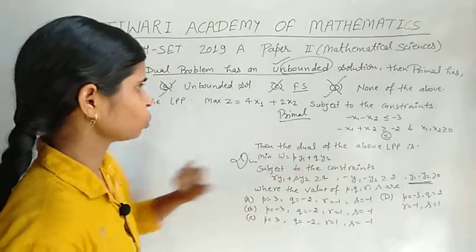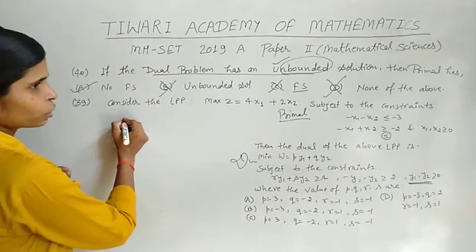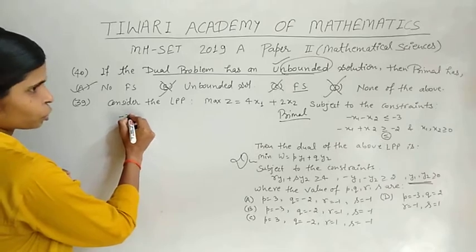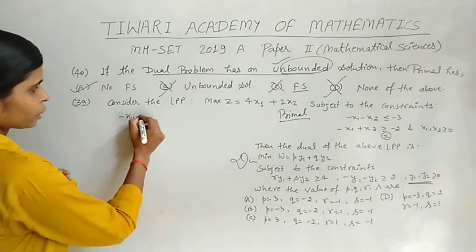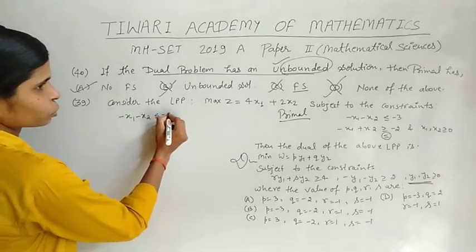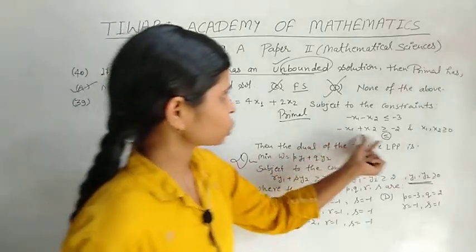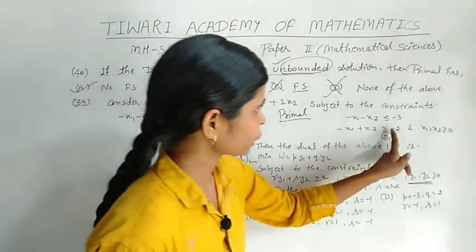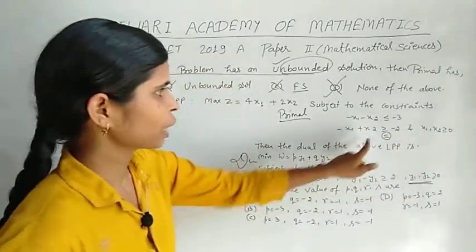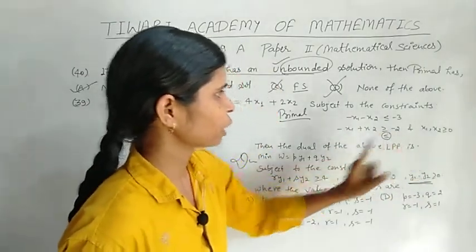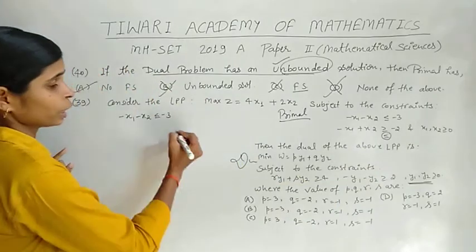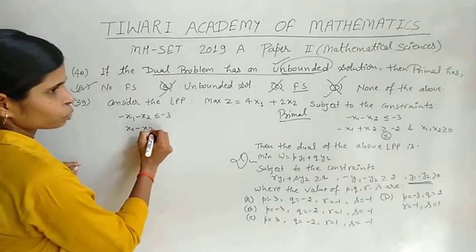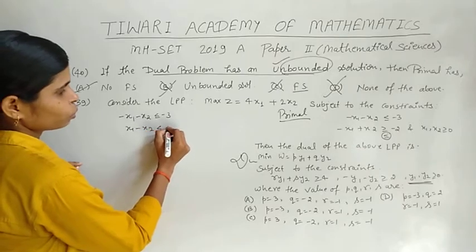So we solve this question. The primal has the constraint minus x1 minus x2 less than or equal to minus 3. In the second constraint we multiply by minus 1, so its sign will change from greater than or equal to into less than or equal to: x1 minus x2 less than or equal to positive 2.